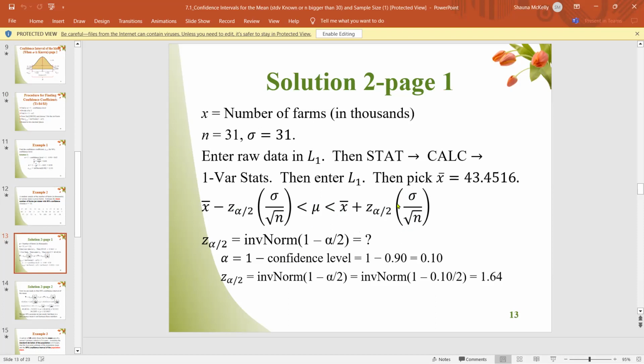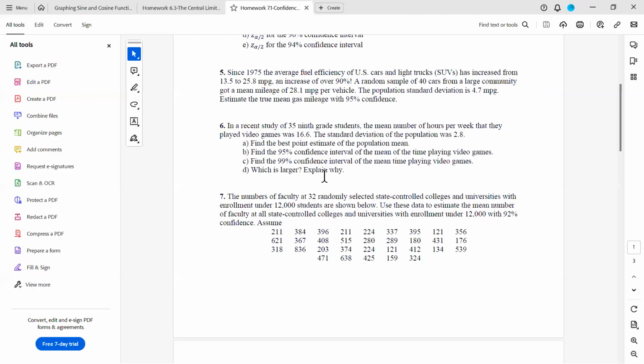So this term is the same. When you go to do your homework over here, the first one is the 95, the second one is the 99.